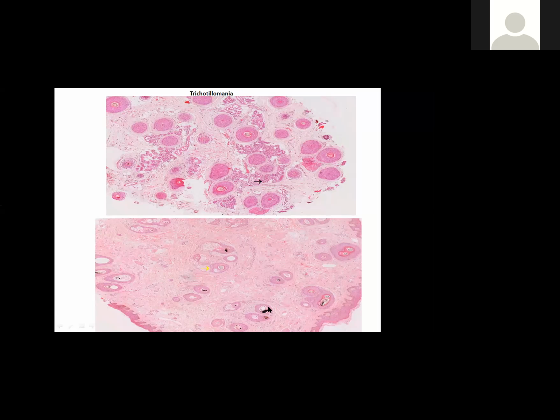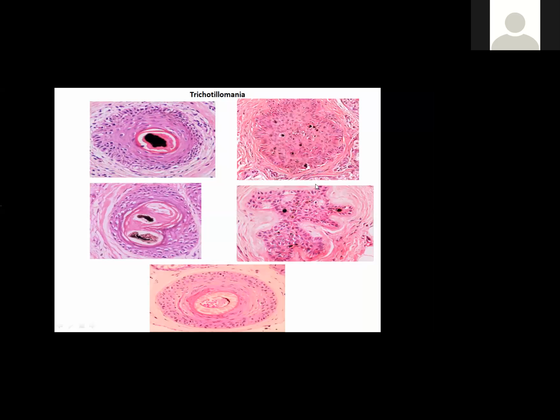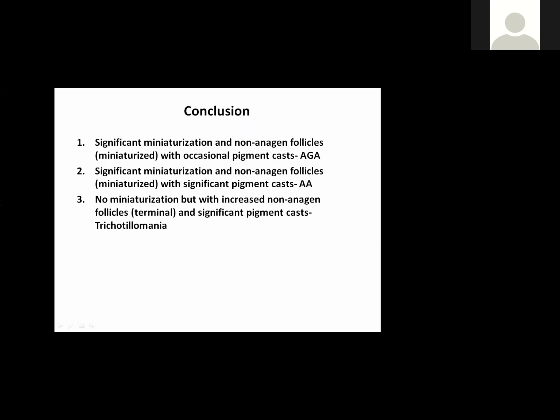Similar to alopecia areata, we see trichomalacia even in trichotillomania, and we see increased amount of pigment casts within the follicular epithelium and the follicular lumen. So to conclude, if we see a lot of miniaturization and increased number of non-anagen hair follicles, the diagnosis is androgenetic alopecia.